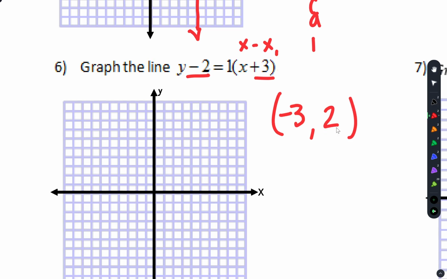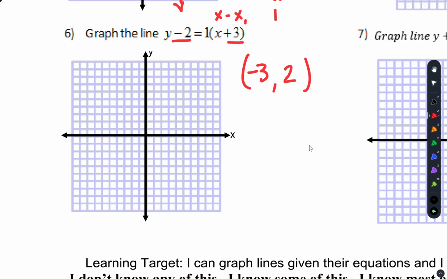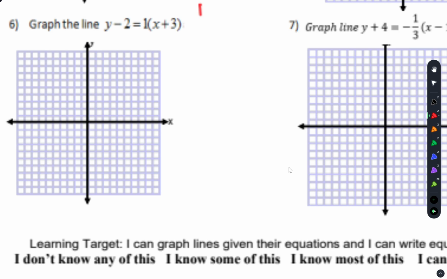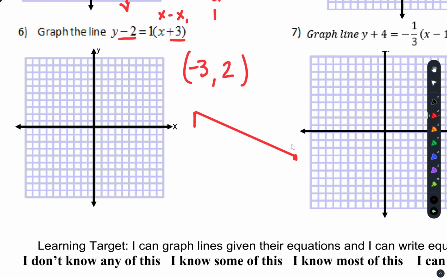So without even doing any work, if I'm already in point-slope form, I can use that point. I can use my slope. And I can graph it like that. So -3, 2, slope of 1. Look how easy that was. Don't do more work than you have to do. Any questions on that?